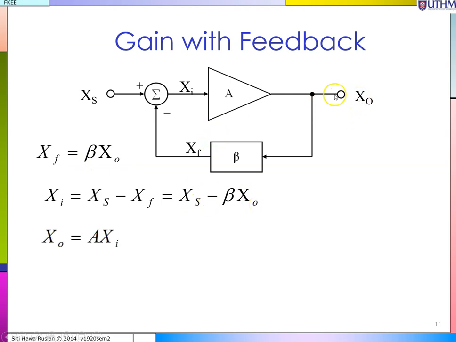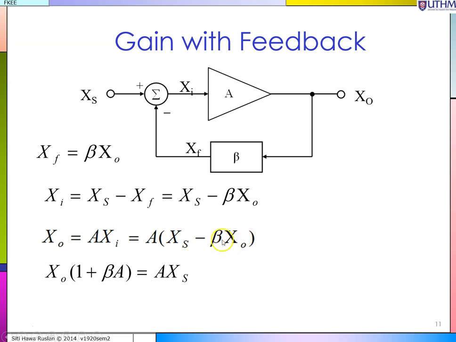XO is the output of the amplifier, and the input is Xi, so Xi multiplied by A is XO. XO equals A Xi. Substitute this into the equation, so you get XO equals A multiplied with XS minus beta XO. You just put it in place of Xi.